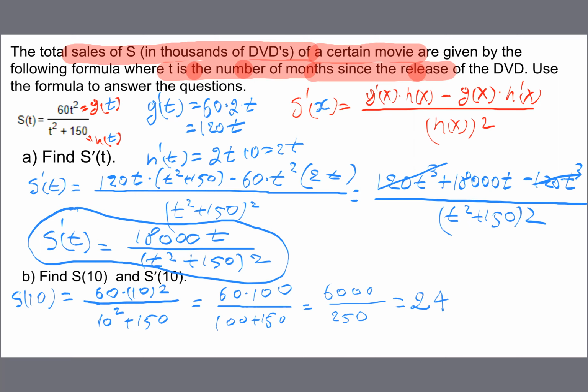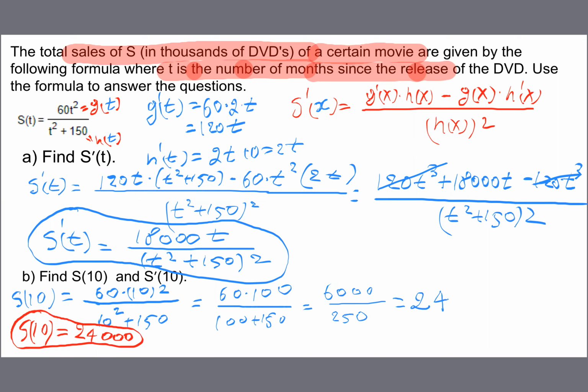Okay, so S of 10 is 24, but our sales are given in thousands. So multiply this by 1,000. So S of 10 is going to be 24,000 DVDs.